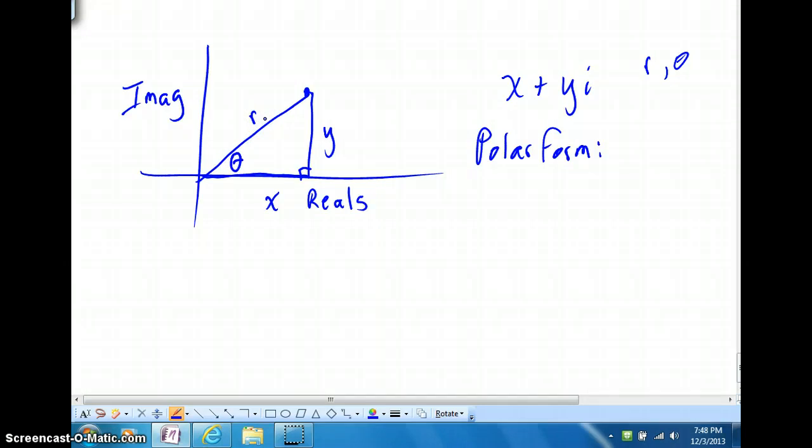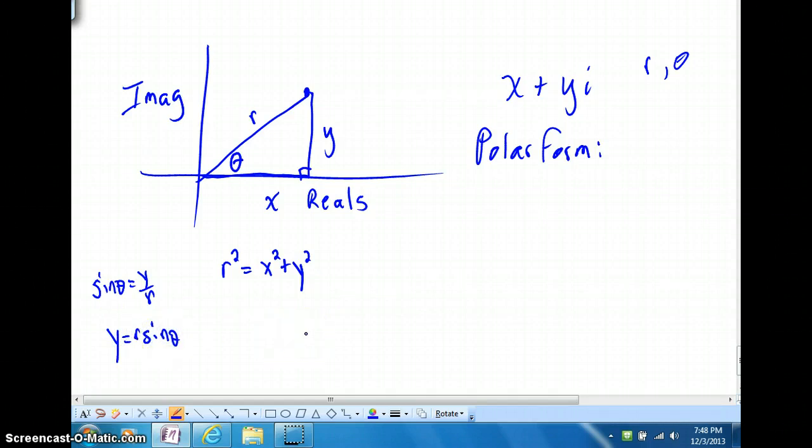So what we could do very quickly is notice the Pythagorean theorem definitely holds true. r squared is equal to x squared plus y squared. But from trigonometry, we could say the sine of this angle, sine of theta, is y over r. Or equivalently, that y is equal to r sine of theta. Also, very quickly, x is going to be related to the cosine. The cosine of theta is equal to x all over r. So x is equal to r cosine of theta.